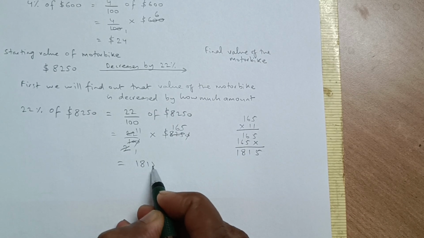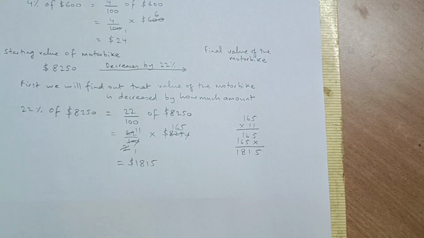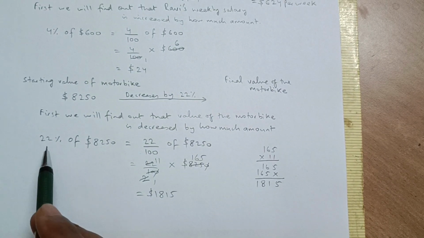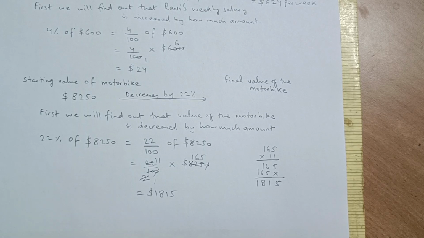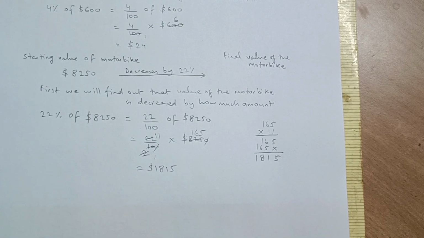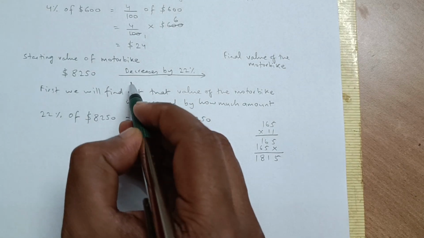So $1815. 22% of $8,250 is $1815. So it has decreased by $1815.